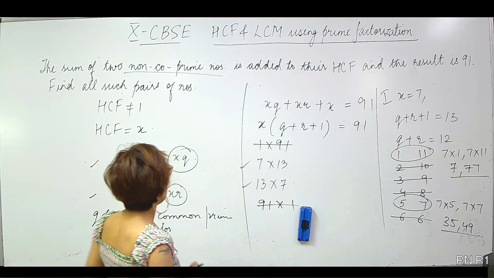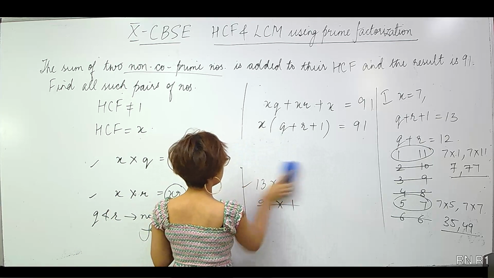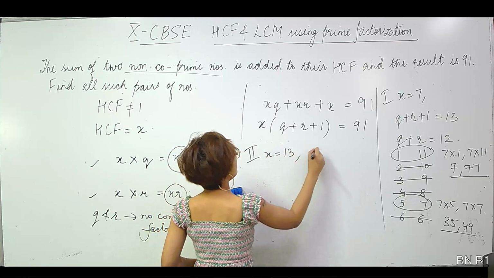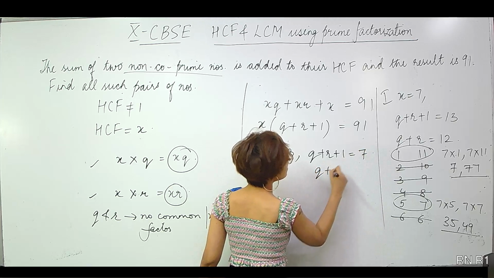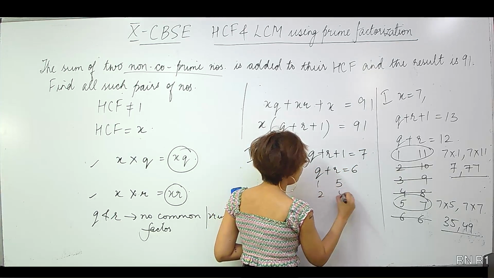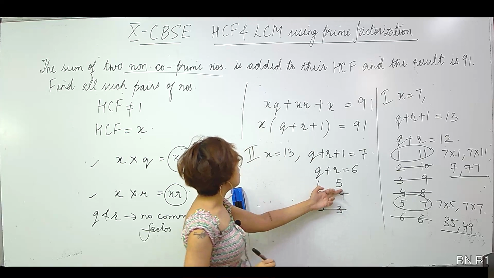Now, my second case: x is 13 and q plus r plus 1 is equal to 7. That means q plus r is equal to 6. Let me write the solutions quickly. 1, 5, 2, 4, 3, 3. Obviously, these two are rejected. From here, I need to write it.